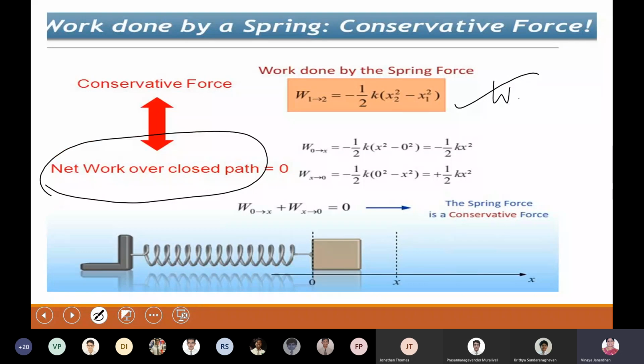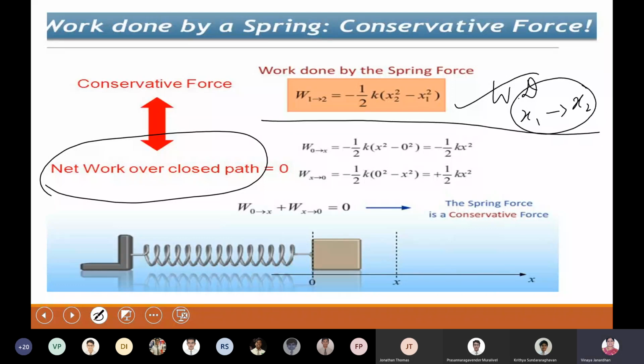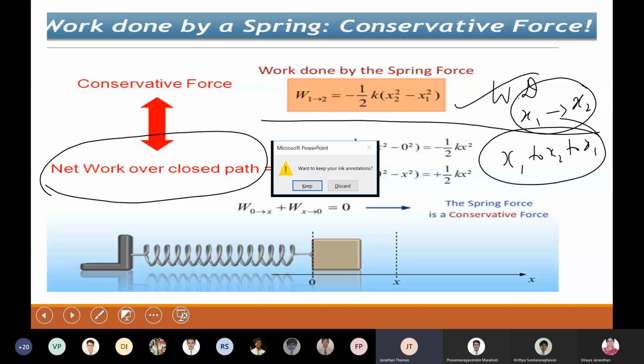This expression is the work done when the spring is moving from x1 to x2. Now, what is the work done when the spring moves from x1 to x2 and then again to x1, the full complete path? Okay, so once again, I'll just go for this.